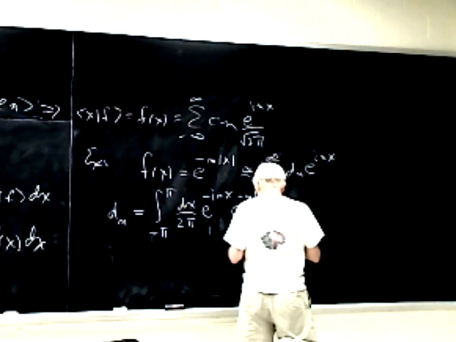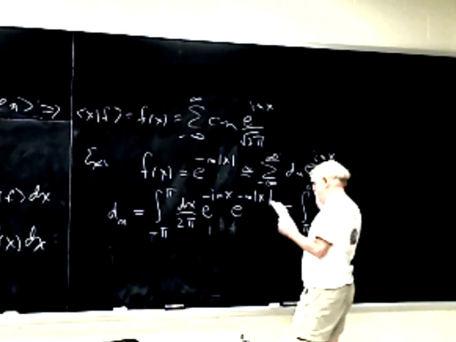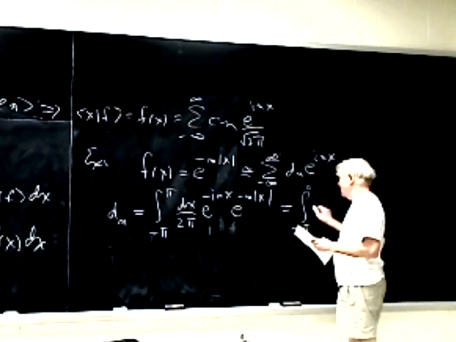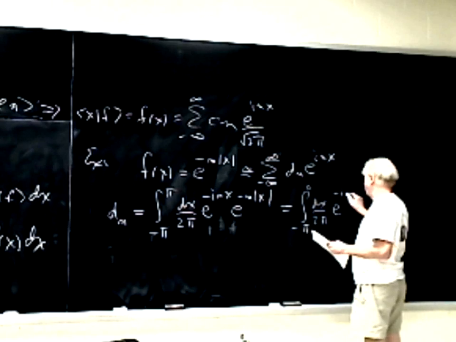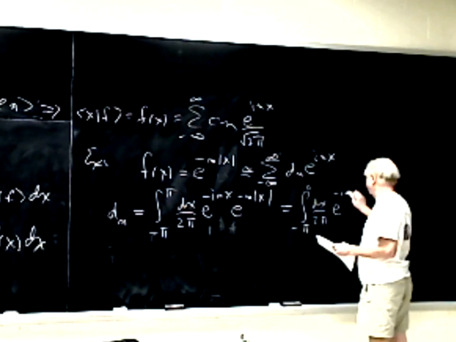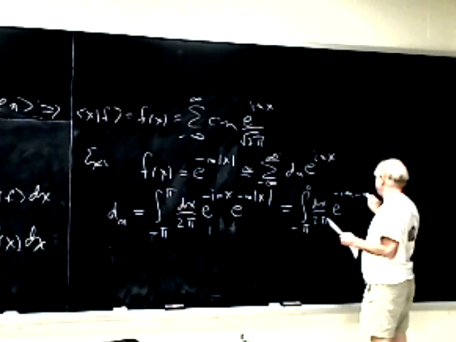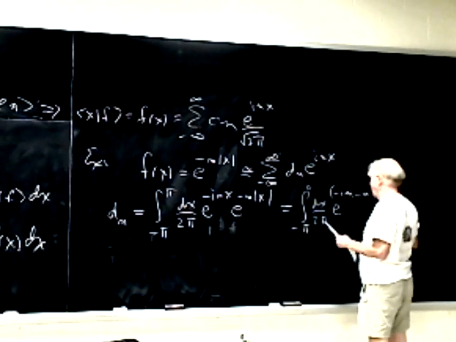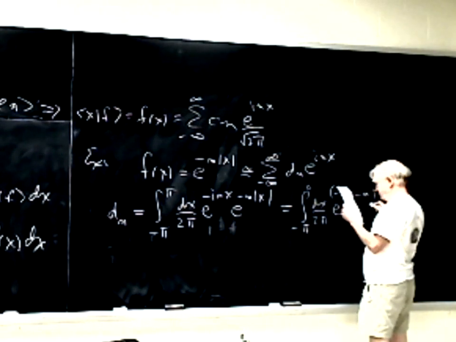Okay, well, if we do this integral, it's the integral from minus pi to 0 dx over 2 pi e to the minus i, sorry, that's an n, minus m, whoops, actually a plus m. That's a plus m.